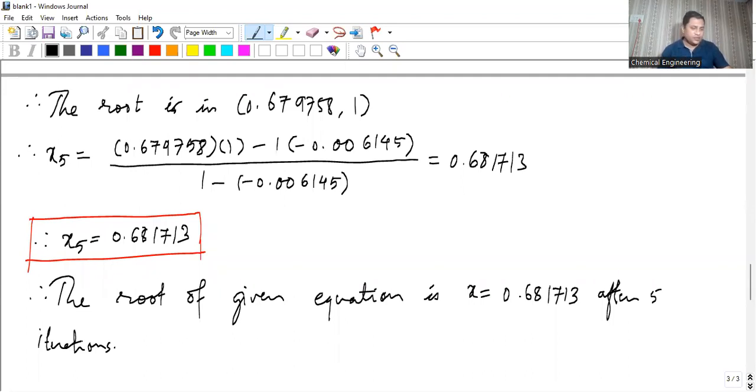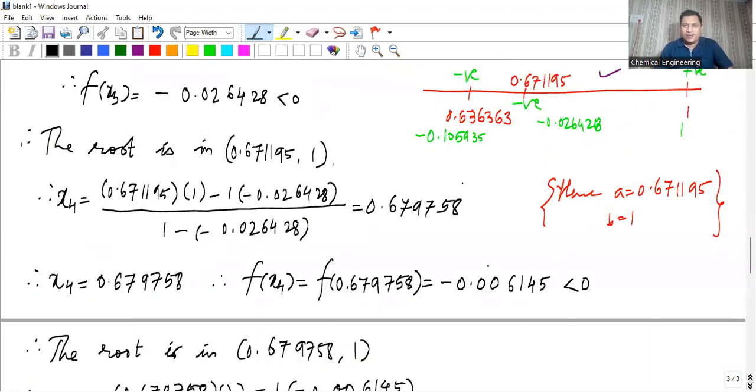Check the value of this function at this root, and you can find that it will be closer. So you can verify what I'm saying right now. So this way we can use the Regula Falsi method to find the root of the equation.